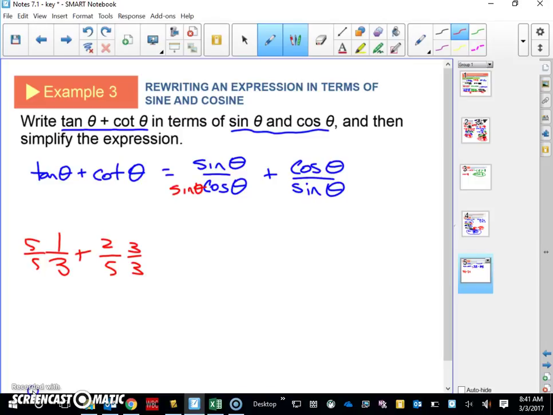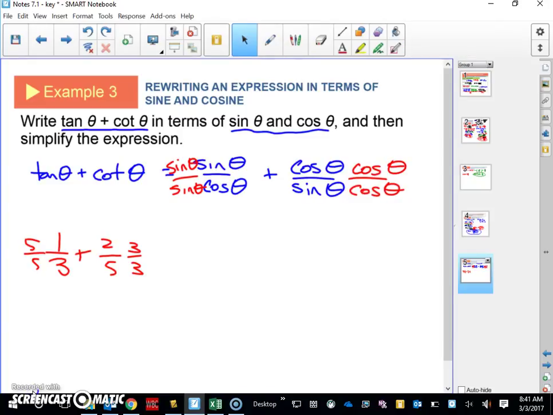And so what we're going to do is multiply by sine theta over sine theta on that left side. But over there on the right side, this one has a sine theta, it's going to need a cosine theta. So multiply by cosine theta over cosine theta.